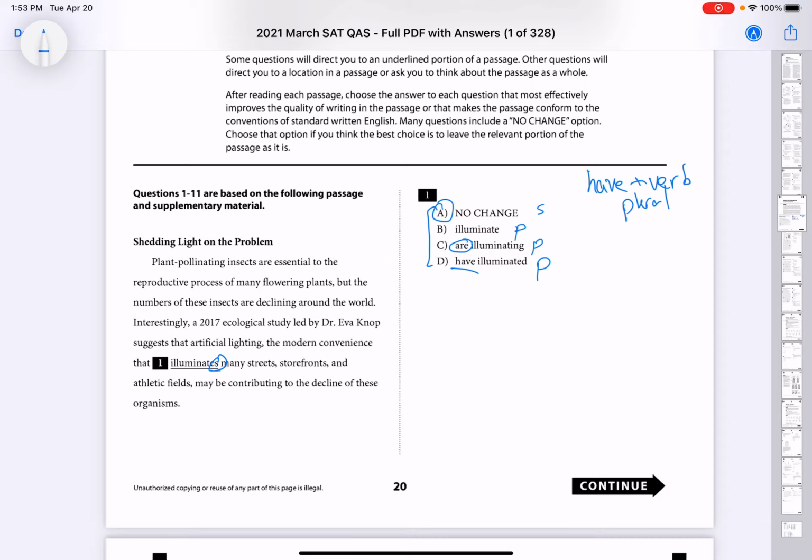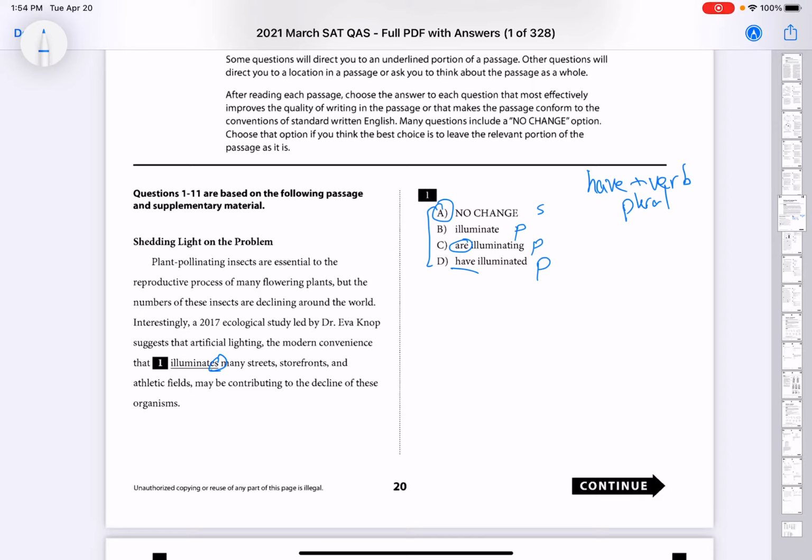To do this properly, what you should do is go back to see what illuminates. So what actually acts upon the verb. So if you go back and look for the subject, and I do highly recommend you actually read this. This is just me going through this really quickly, but let's just read the sentence first.